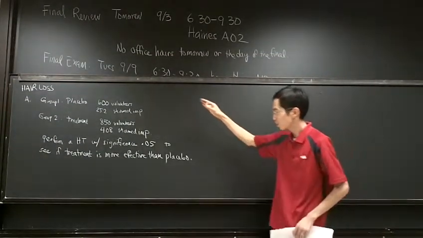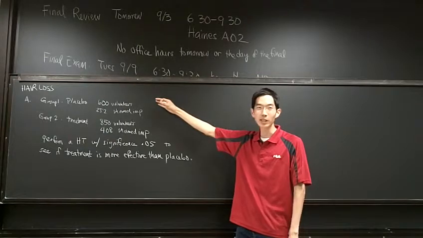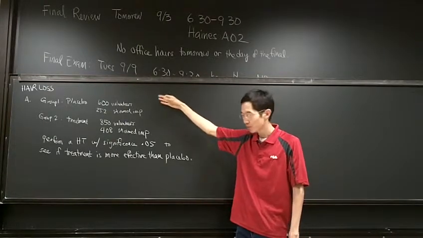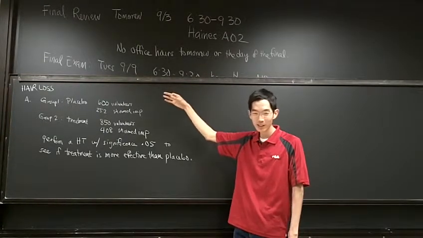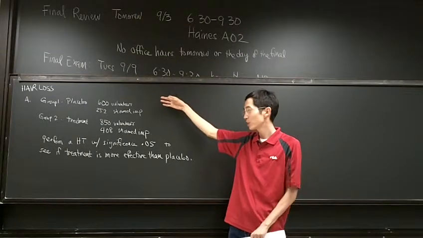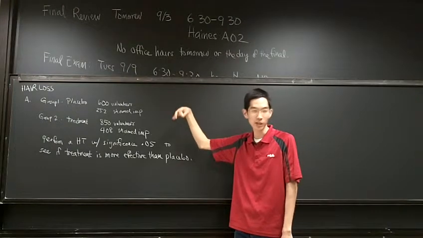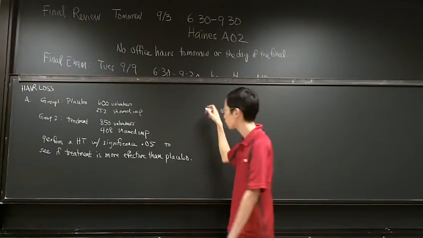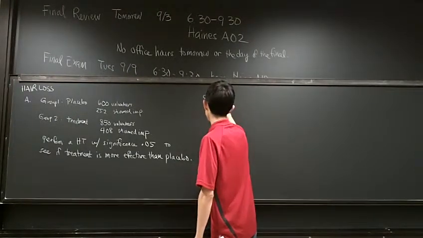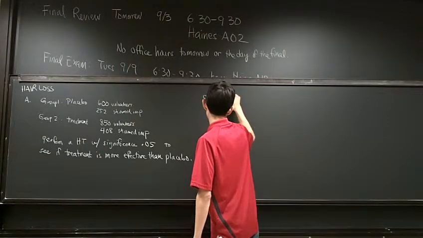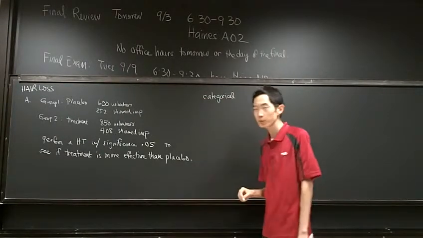All right. When we're recording data, we're asking, did the volunteers' hair loss improve or not improve? Is that a numeric or categorical variable? It's categorical. And how many samples do we have?